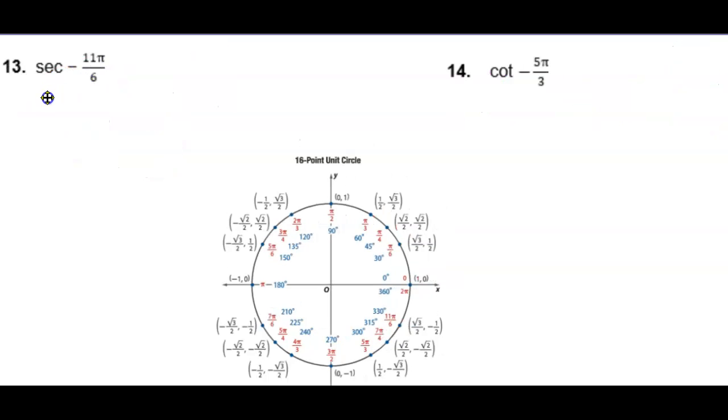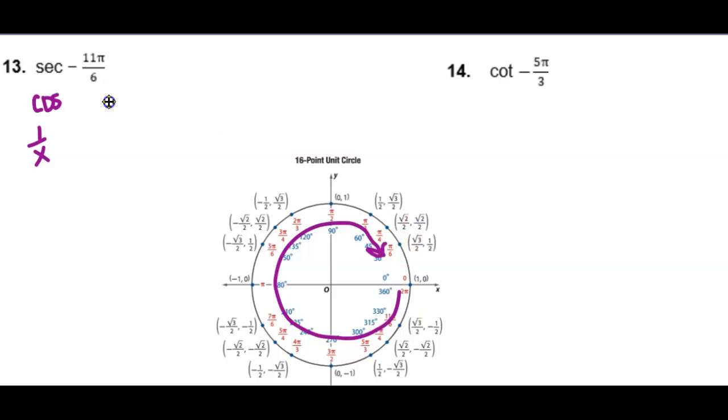Secant, okay, we got to flip cosine. So this is the reciprocal of cosine, or 1 over x. Let's flip the x over. Now, negative 11 pi over 6. Well, if you go around here, 11 pi over 6 is right here. So it's all the way around except one little ordered pair. But we're supposed to go negative, so we'd go all the way around except one little ordered pair. You can change these to degrees, guys. If you want to change that to degrees, do negative 11 times 180 divided by 6, then add 360, and you'll get 30 degrees, and you'll be right here.